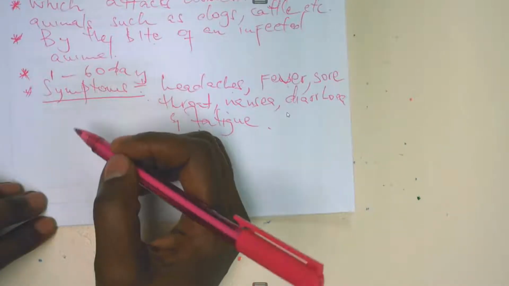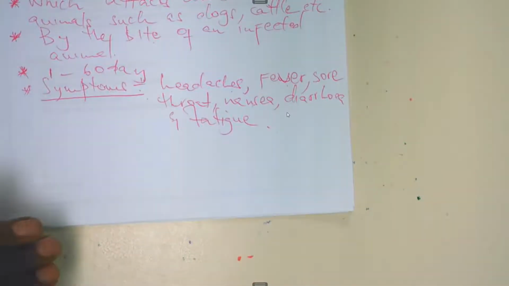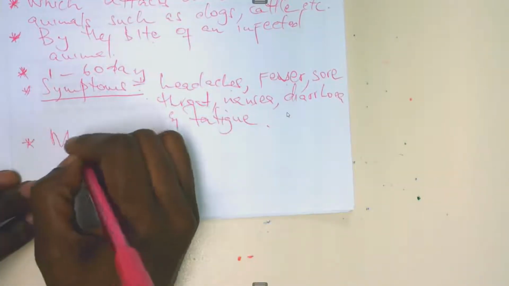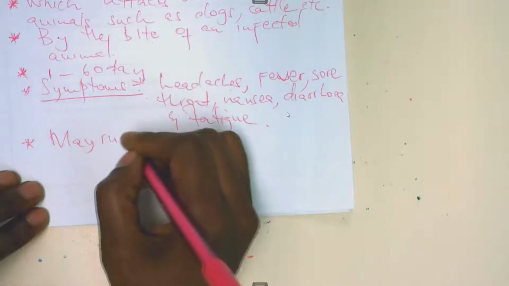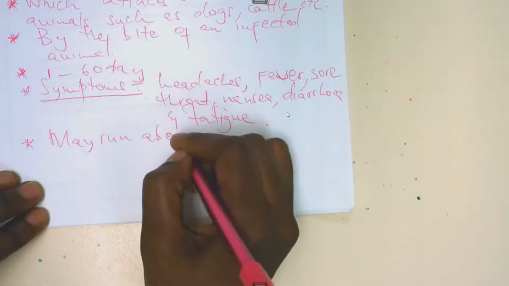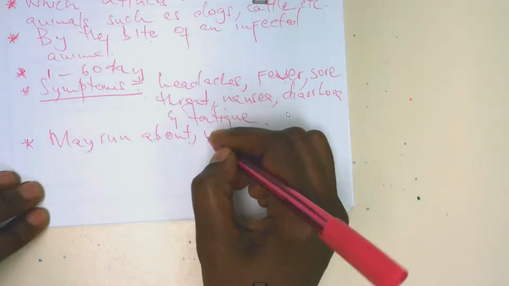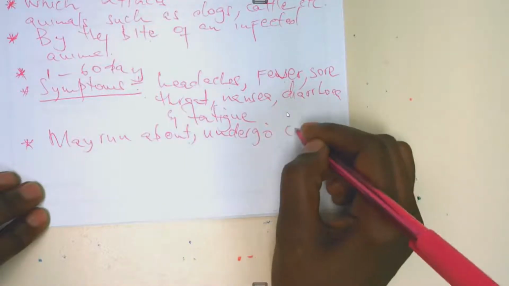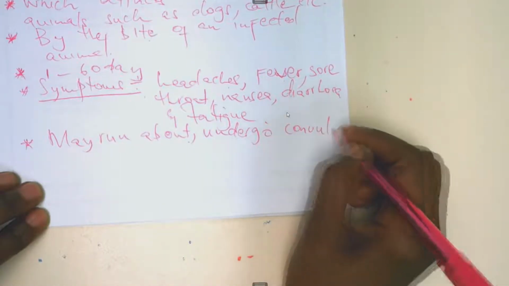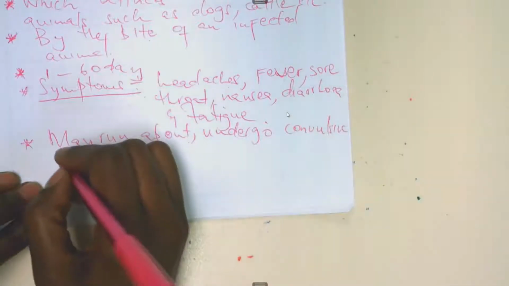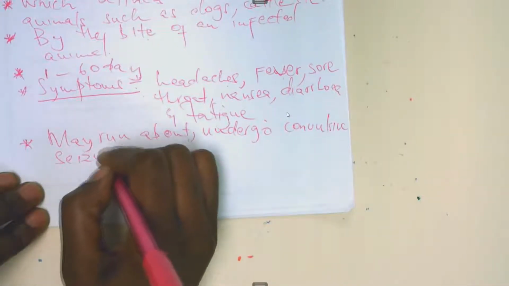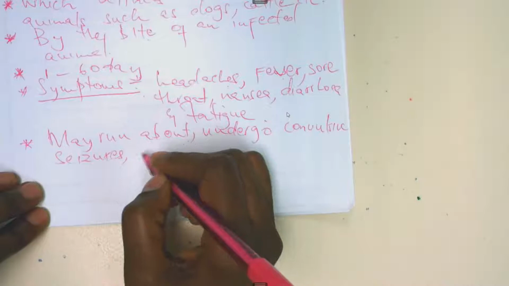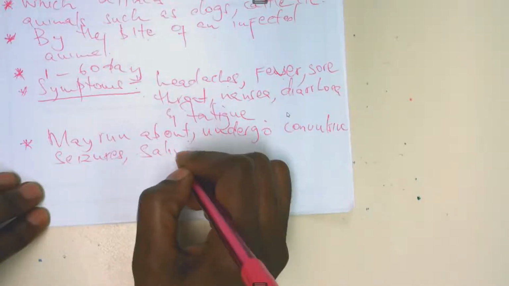And then a person who is infected with rabies may undergo convulsive seizures, and they can also produce large amounts of saliva.